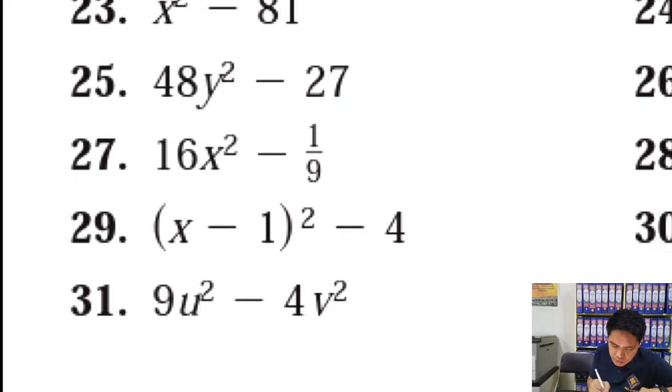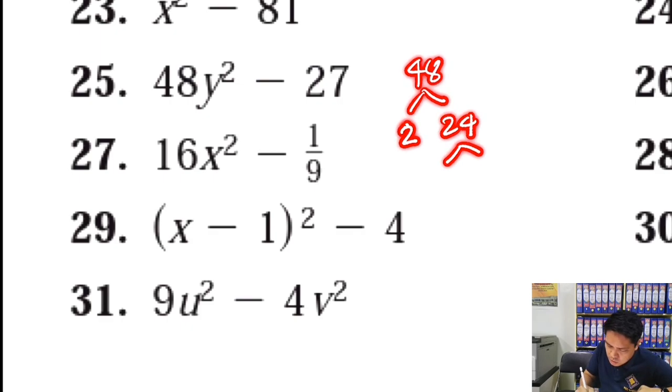Okay? But we could observe that it has a common factor, right? Because 48, its factors are 2 times 24. The factor of 24 is 3 times 8. Or it can also be 16 times 3.